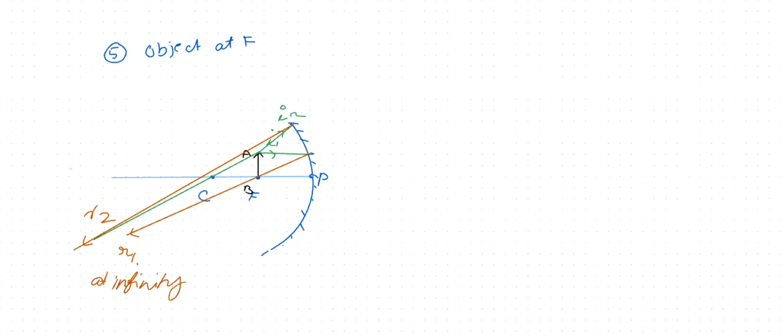Now, let's write the stats for it. Image location: at infinity. Image size: what do you think the image size would be?